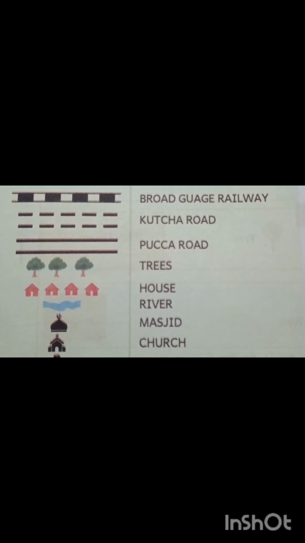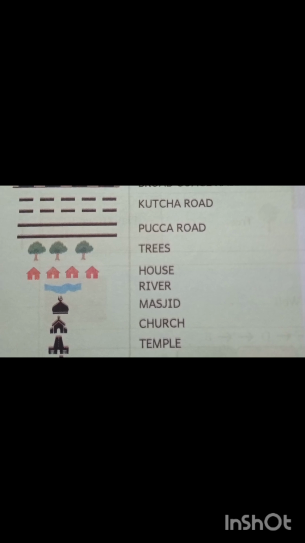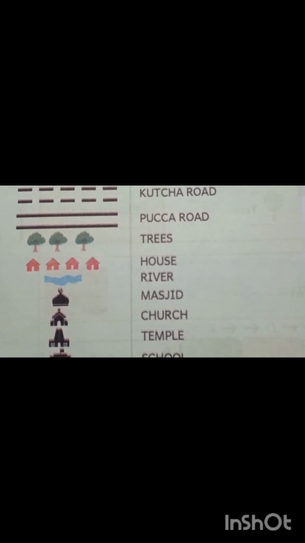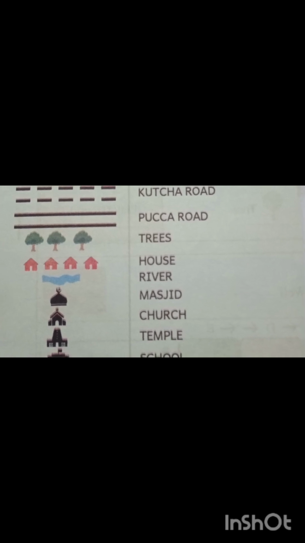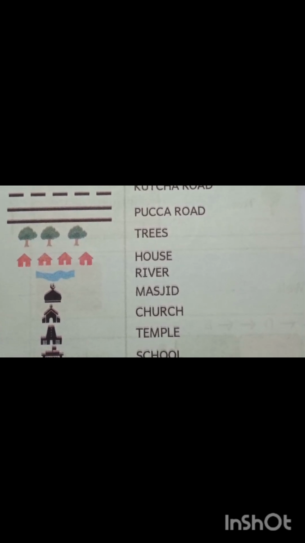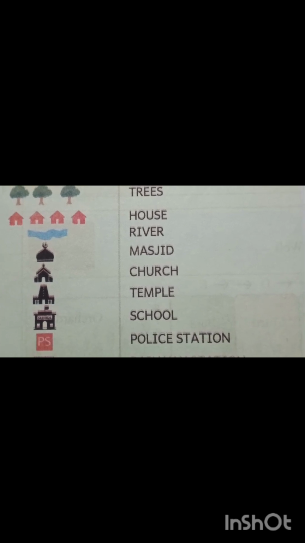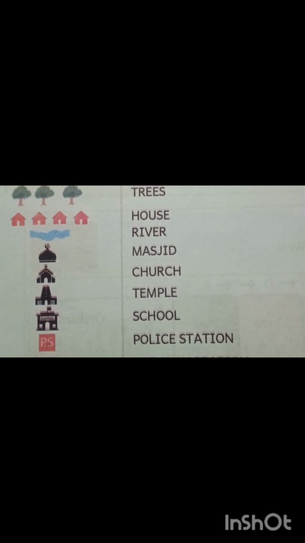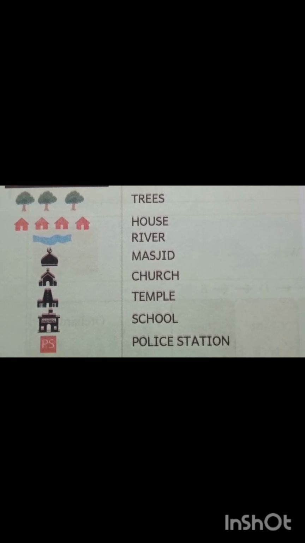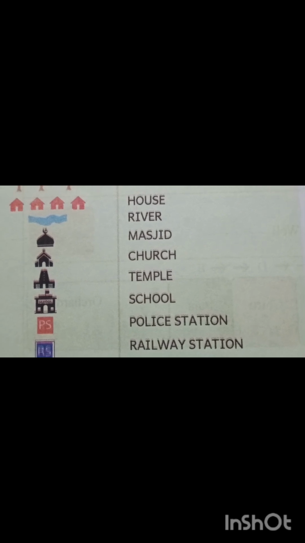And the third one, if we observe, Pakka road. Fourth one, the trees. Fifth one, houses. Sixth one, rivers. Next one, masjid. Next one, church. Next one, temple. And next one, school.